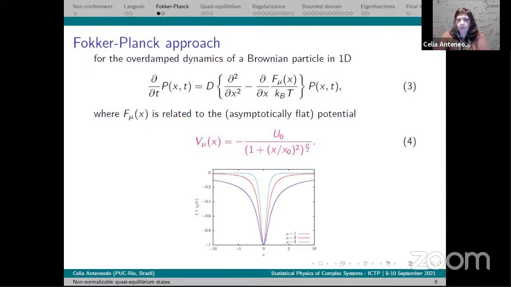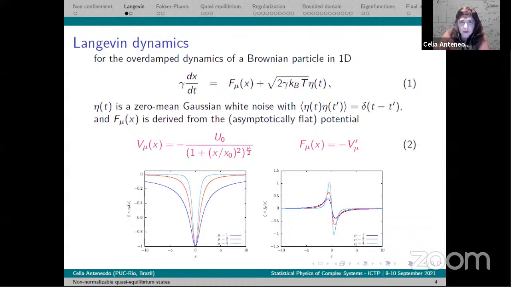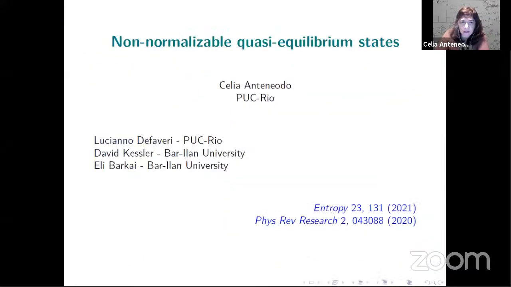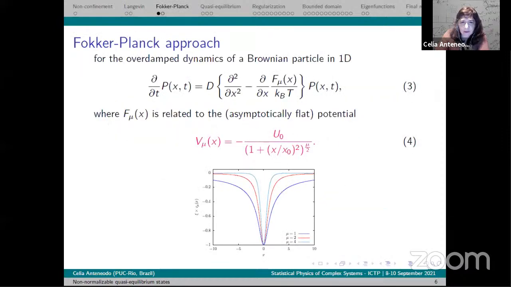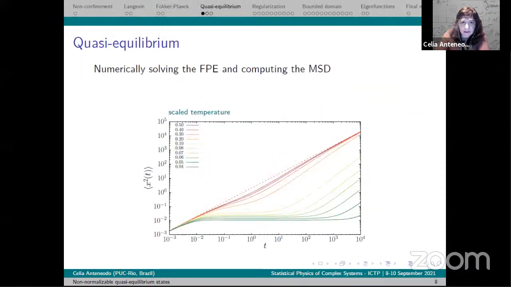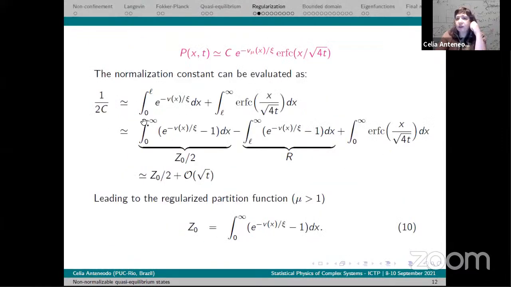No, look, the error function approximation is not actually necessary to find the regularized states. When we split the integral, we have this, that is the error function.